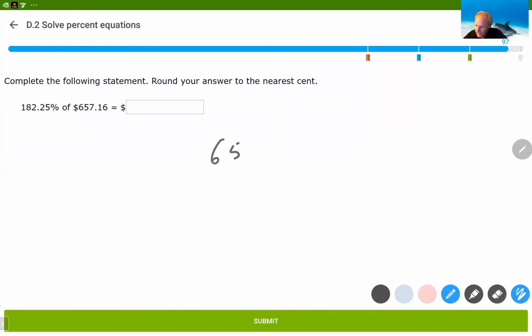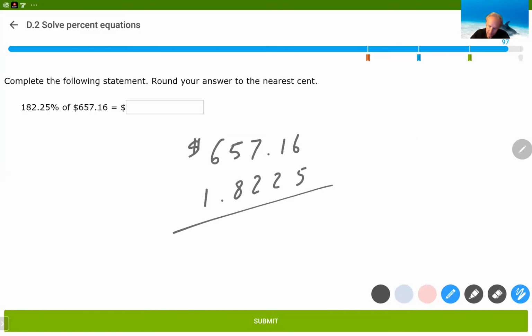That's 657.16 times 1.8225. 657.16 times 1.8225. 1197.6741.